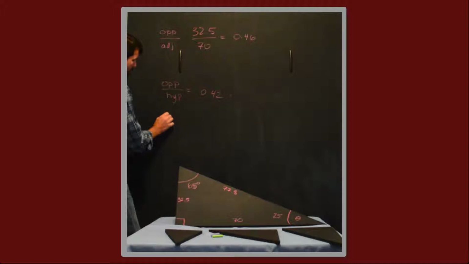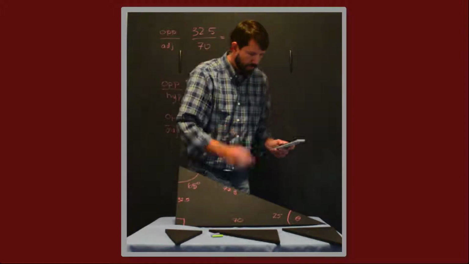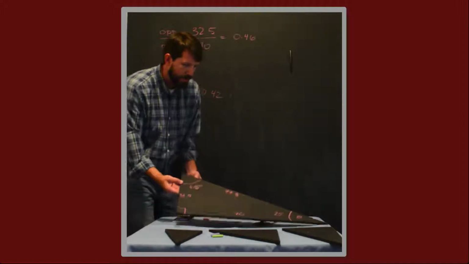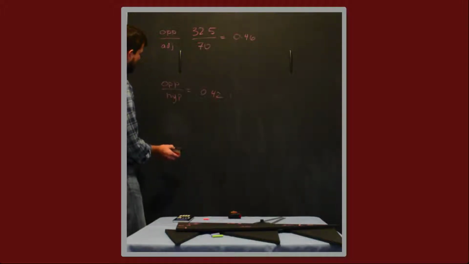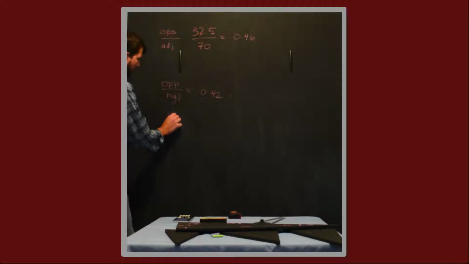Lastly, I'm going to do the opposite side divided by the adjacent side. I'm sorry, I completely messed up there. I'm going to do the adjacent side over the hypotenuse. That's what I want.